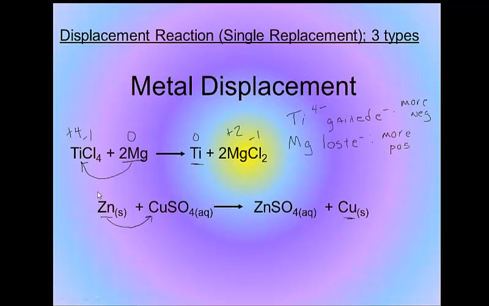The zinc, elemental zinc, sulfate, because I know it's going to be the metals, +2, -2, +2, copper's an element, so 0. So again, notice that elemental zinc went from a 0 here to a +2 there. So that means that it lost electrons because it became more positive.